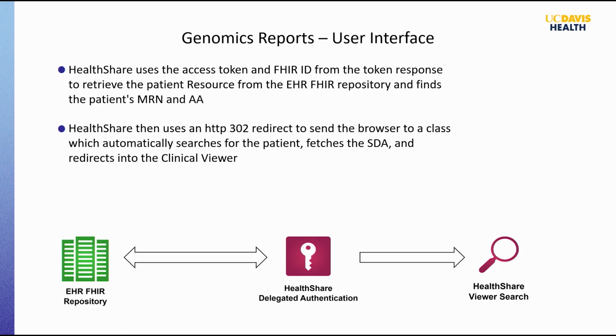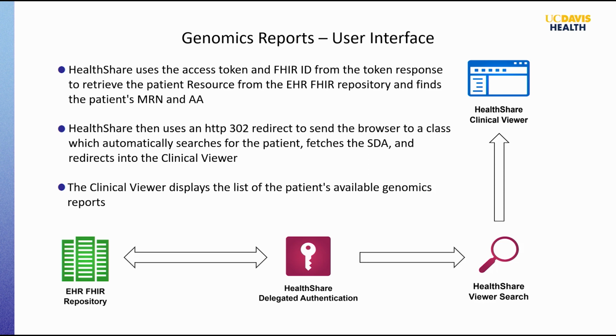HealthShare then uses a HTTP 302 redirect, and it brings the browser to a class which automatically searches for the patient, fetches the SDA, and redirects into the clinical viewer. The clinical viewer then displays the patient's available genomics reports.